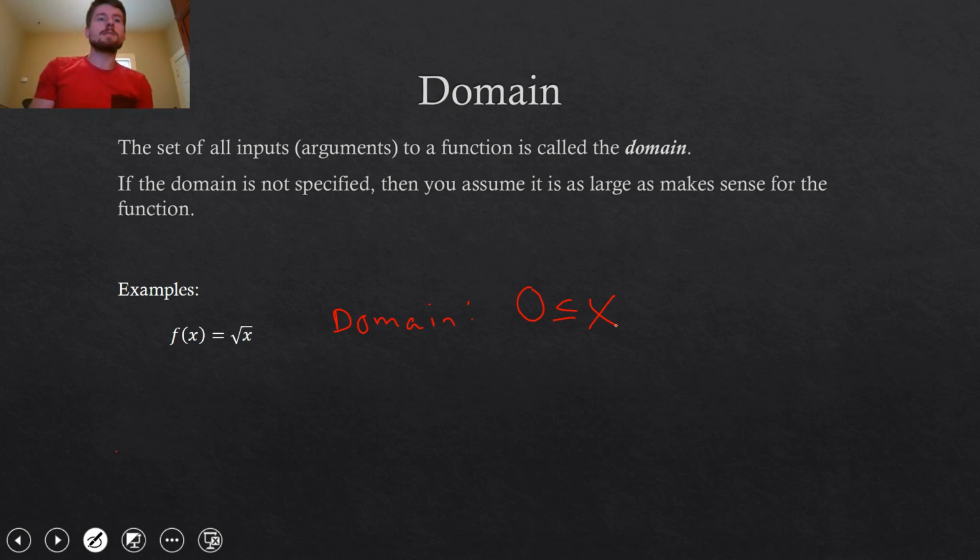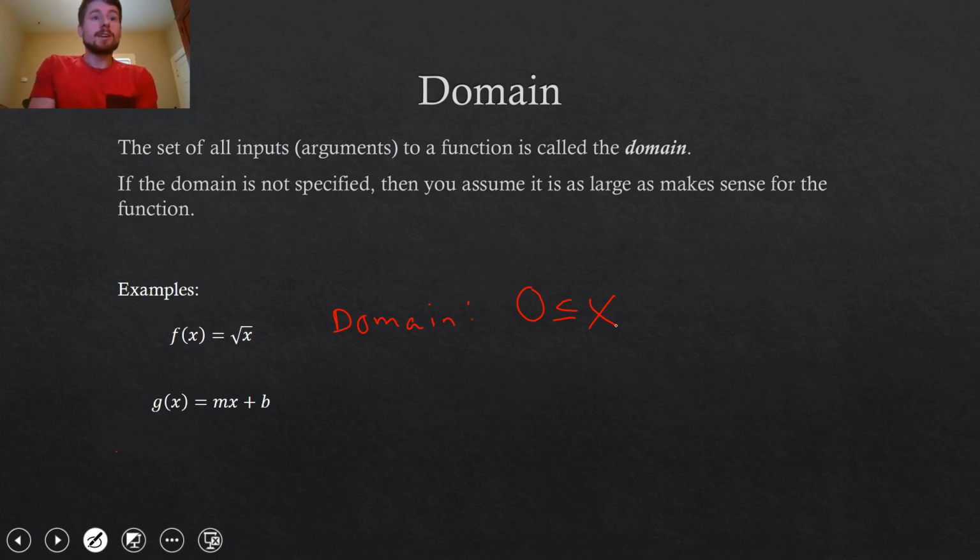So x has to be 0, because you can take the square root of 0, that's fine, you get 0 as the answer, or things that are bigger than that. Okay, so you can take the square root of 1, square root of 2, square root of 3, square root of pi, any of those numbers are fine, they just have to be larger than or equal to 0.